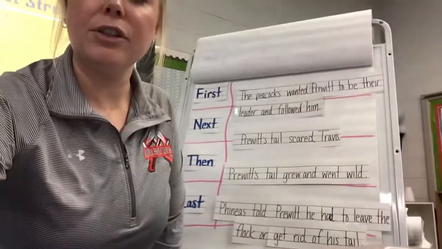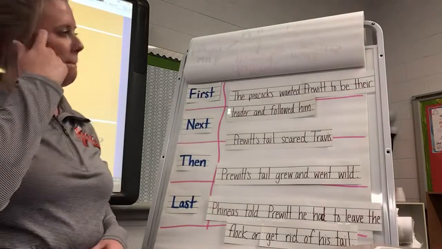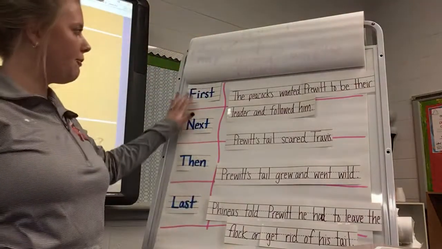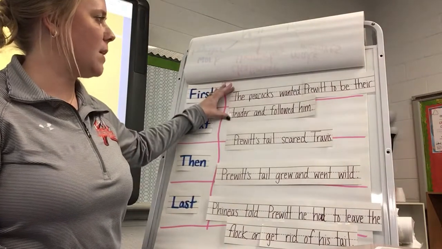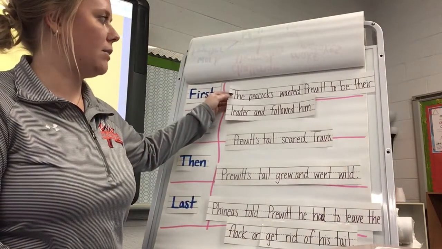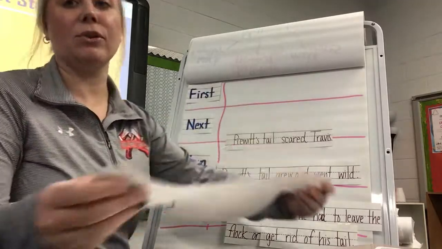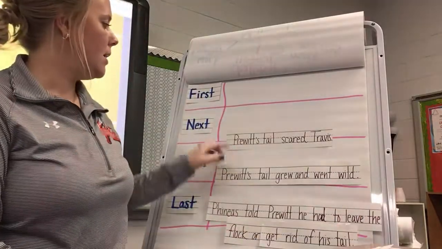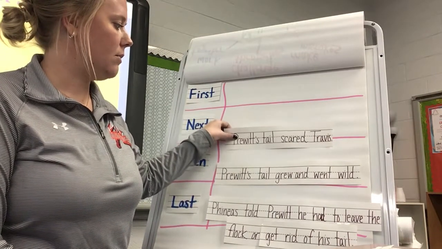Hopefully you filled in your worksheet if you pressed play and you're coming back. So let's see. The first thing that happened in the story. We have the Peacocks wanted Prewitt to be their leader and follow him. That did not happen first. That happened towards the end, right? Prewitt's tail scared Travis. Okay.